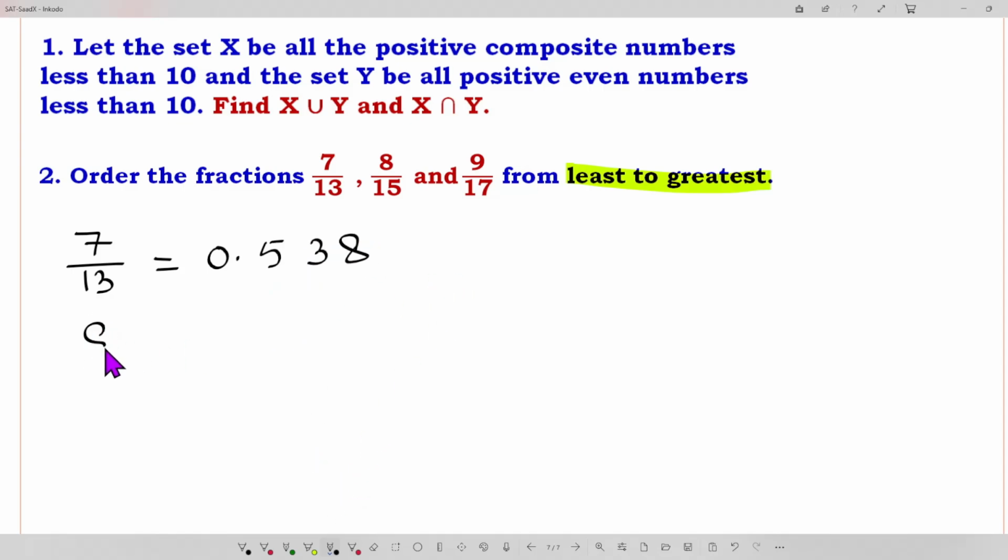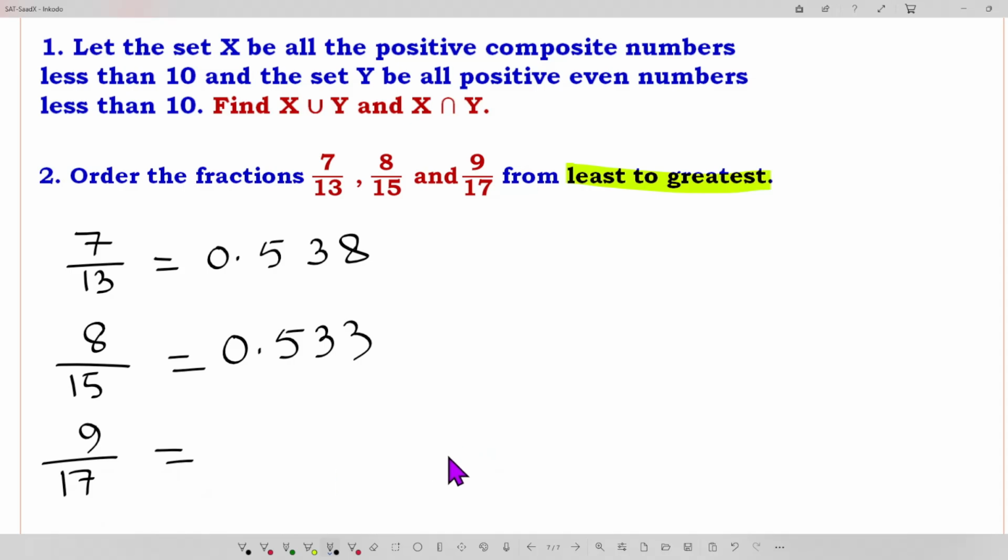Next, 8 divided by 15 will be 0.533. And finally 9 by 17 will be 0.529.